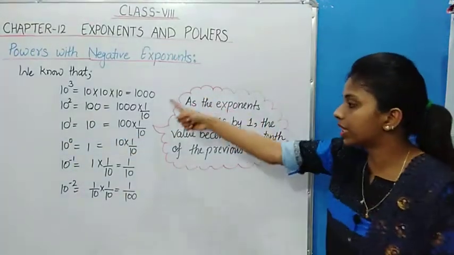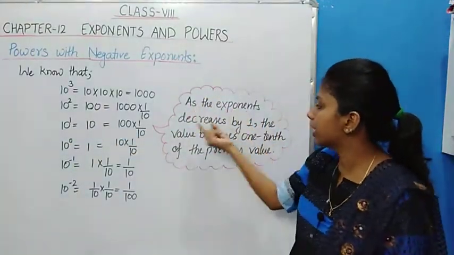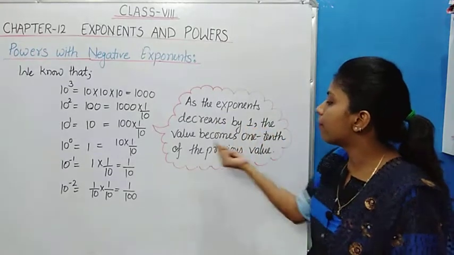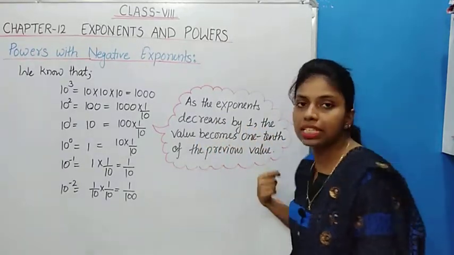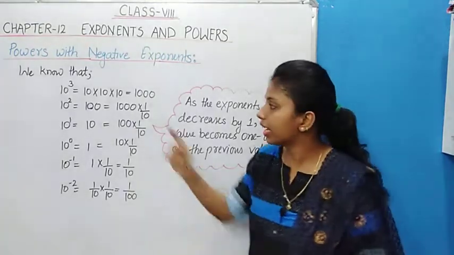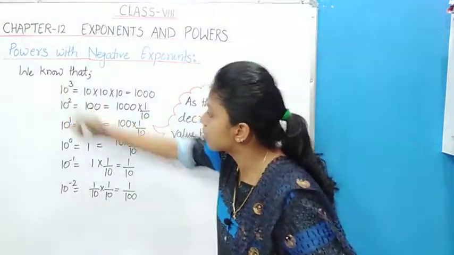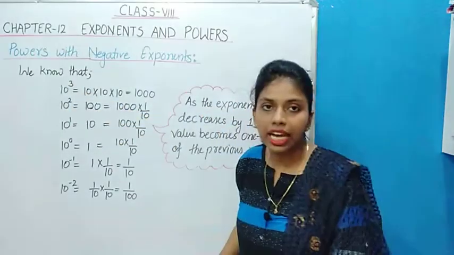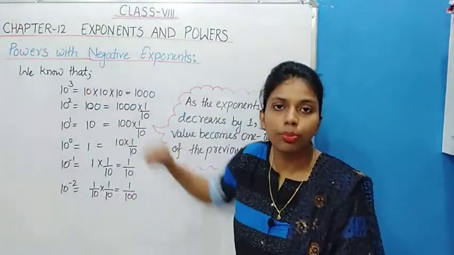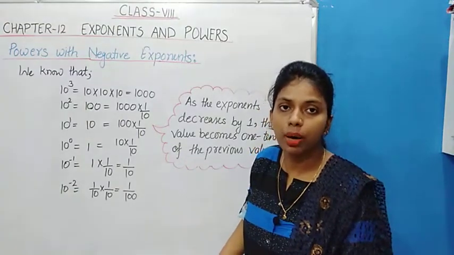So what we notice here is that as the exponent decreases by 1, the value becomes 1/10 of the previous value. Each time the exponent decreases by 1, the value becomes 1/10 of the previous value.